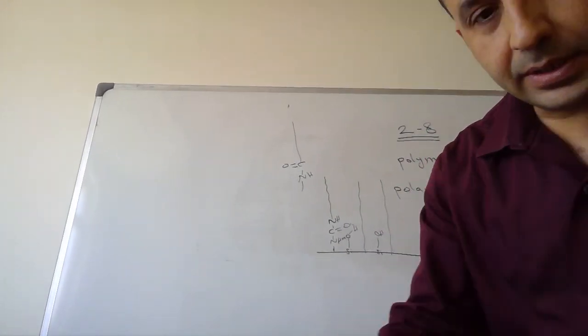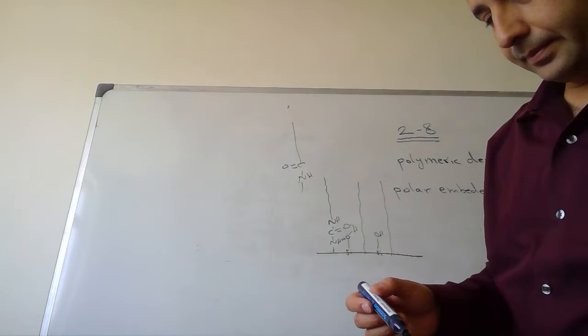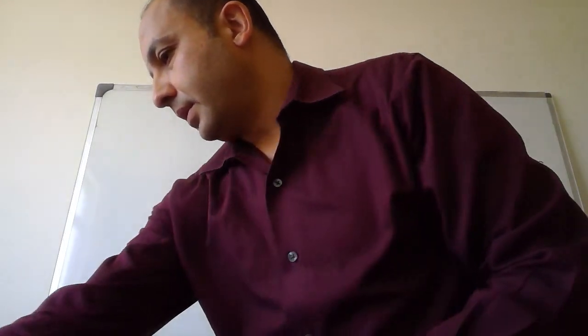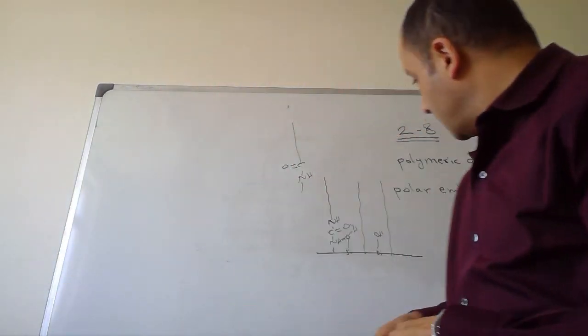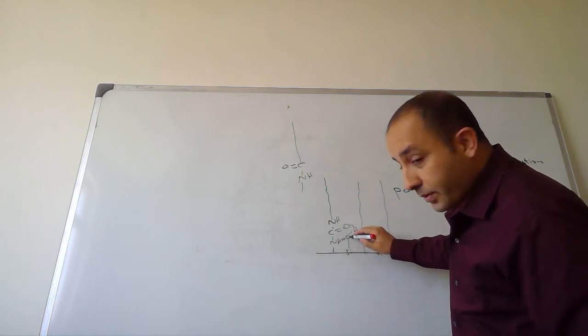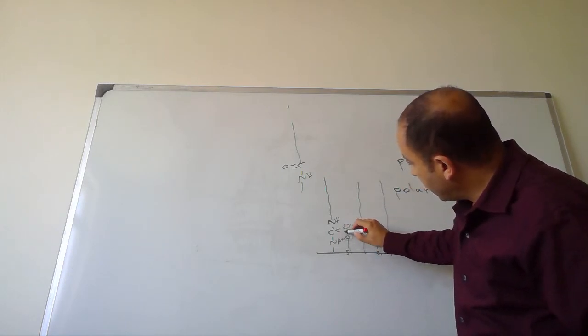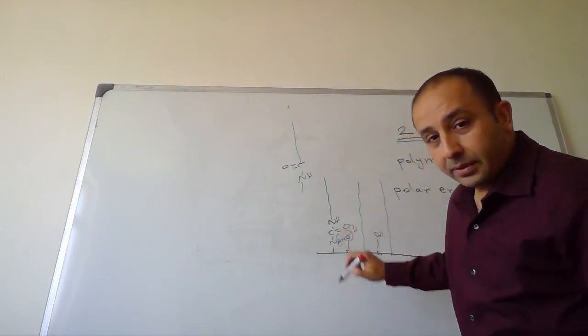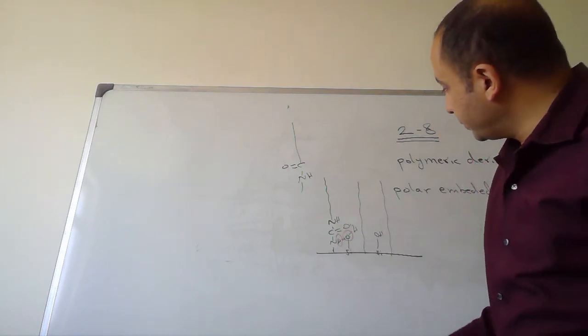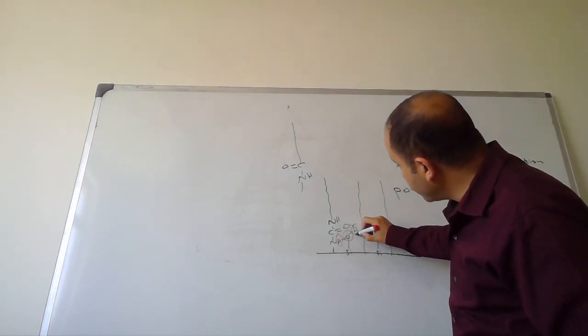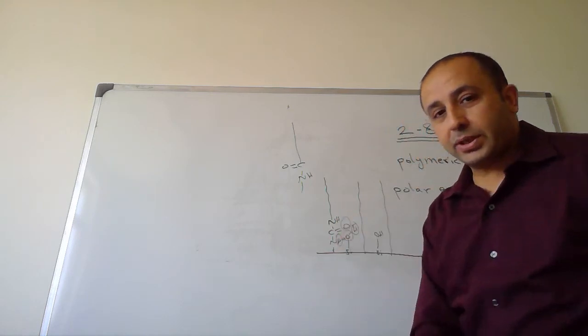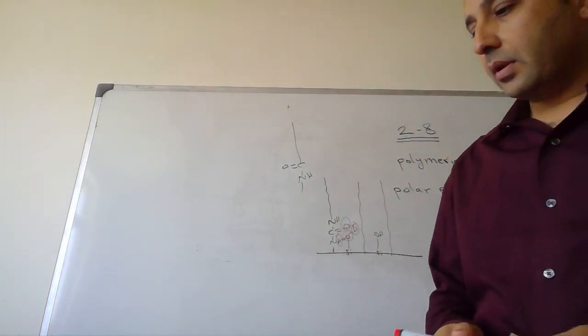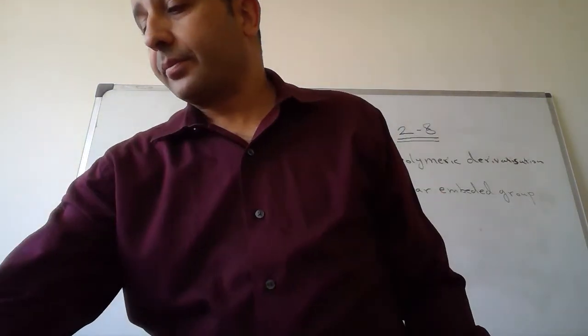So if you see here the silanols, we have oxygen with hydrogen of amide, we have hydrogen bond formation, and hydrogen of silanol with oxygen of carbonyl of amide, or urea, the same thing.